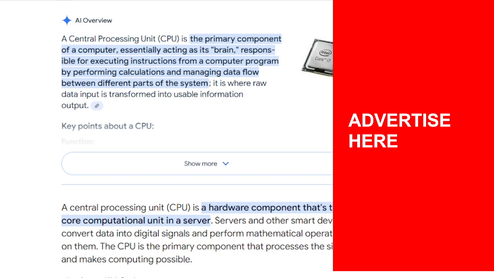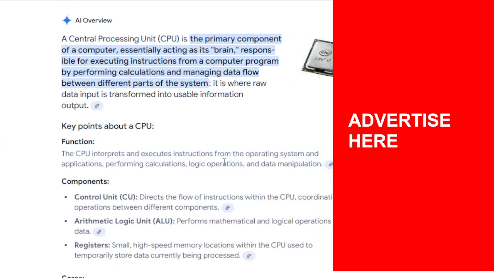The central processing unit essentially acts as the brain, responsible for executing instructions from a computer program by performing calculations and managing data flow between different parts of the system.